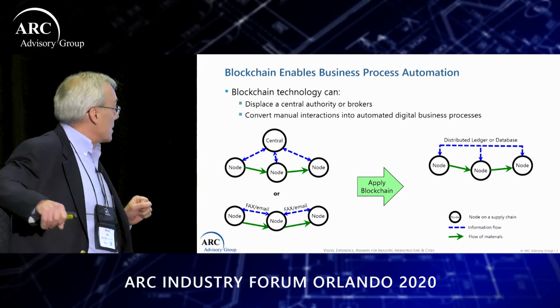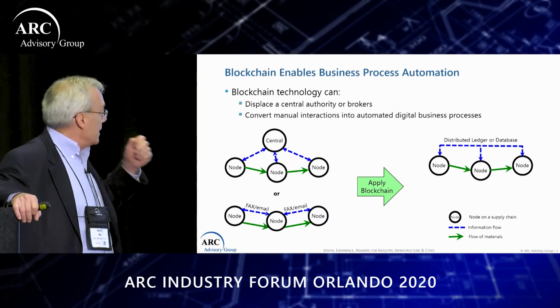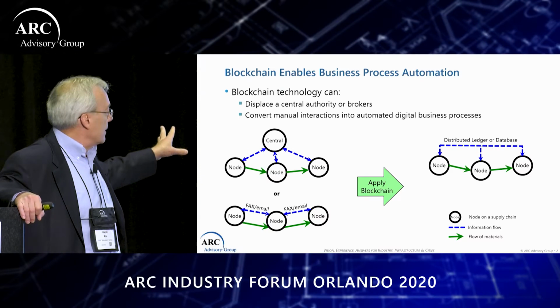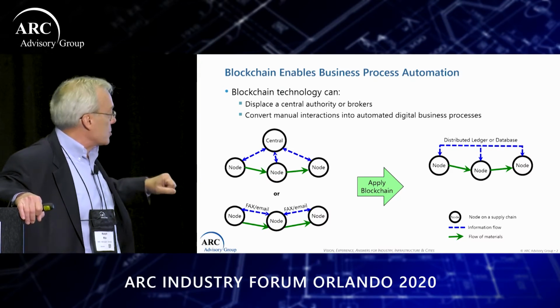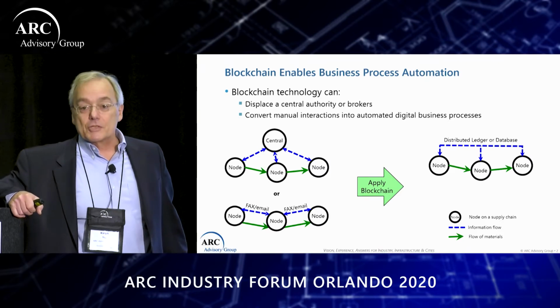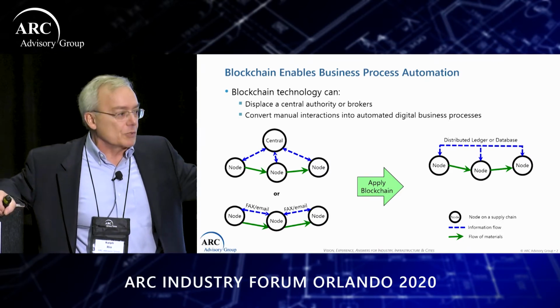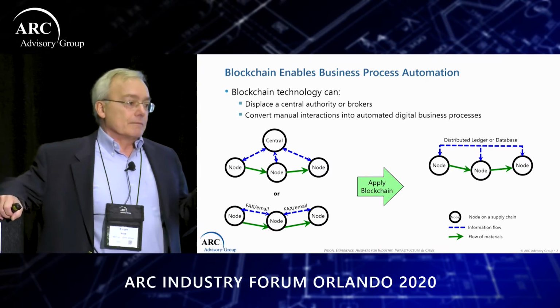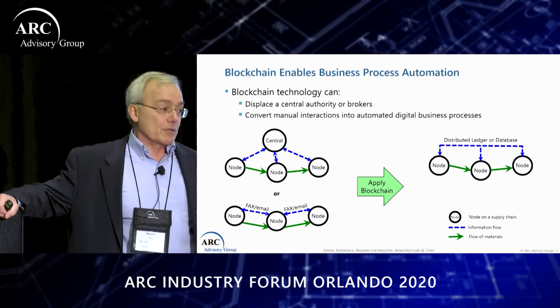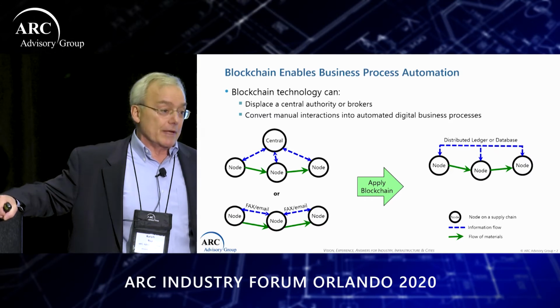There are two cases that I'll talk about. One is where you have a central authority, and the nodes may be nodes on a supply chain, for example. The nodes send information up to the central authority. The central authority knows what's going on, but quite frankly, each one of the nodes is blind. They don't know what's going on. The left hand does not know what the right hand is doing.